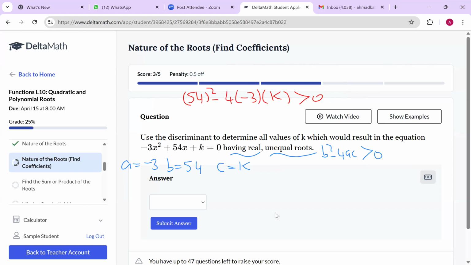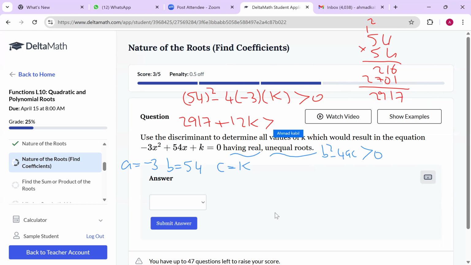Now 54 squared has to be computed. So 4 times 4 is 16, this is 21, this is 1, 0, carry 2, 25, 27. So we get 2917. So 2917 plus 12k has to be greater than 0.